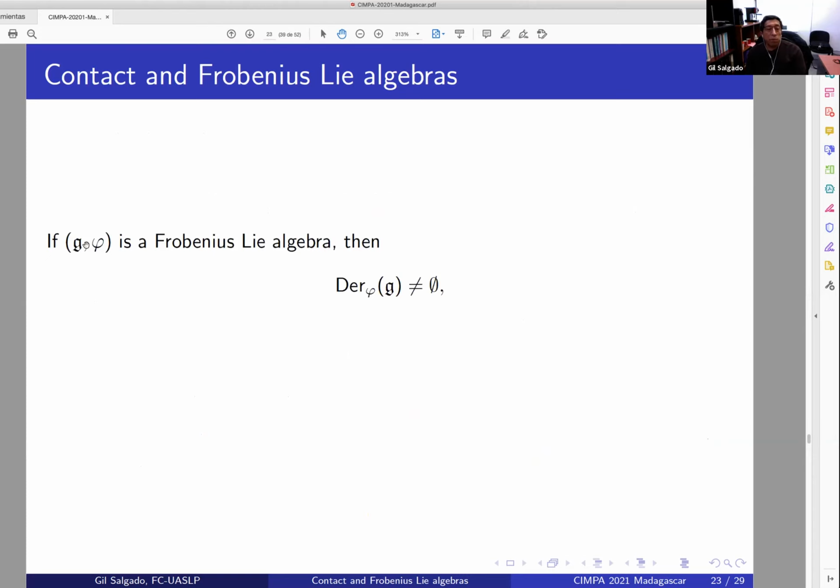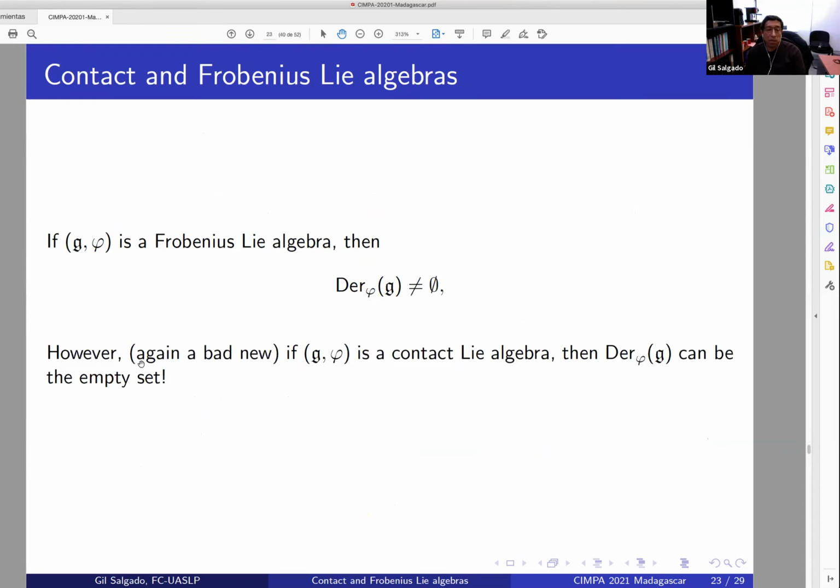Well, if we have a Frobenius Lie algebra, then we can prove that the set of principal derivations is not the empty set, but, and this is bad news, if we start with a contact Lie algebra, then the set of principal derivations can be the empty set.